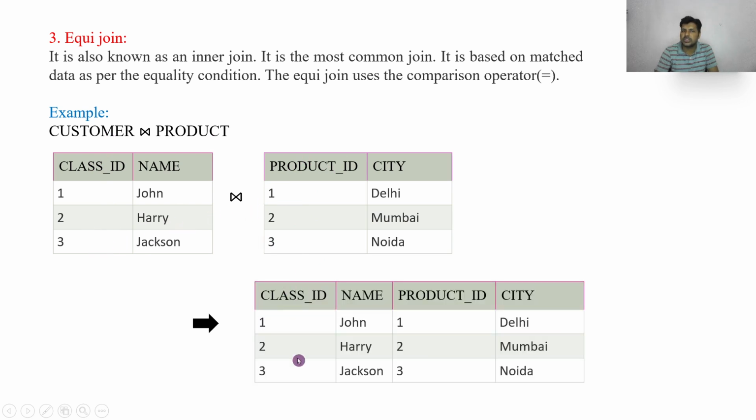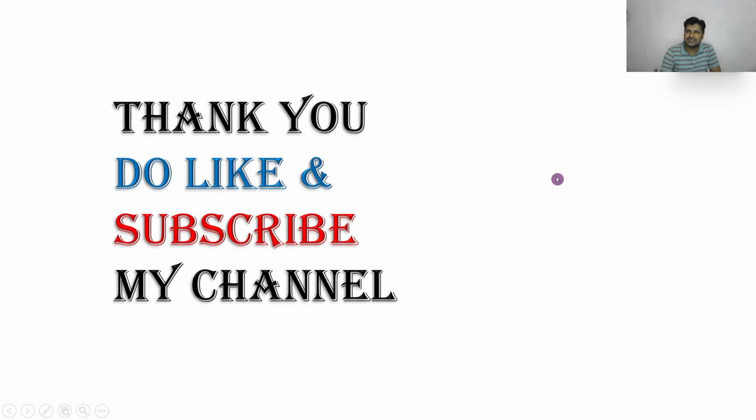Now how will it show? Class ID, name, product ID, city. In an equijoin you don't need the same column headings. If the values are matched it's okay, and it will represent both columns separately. Class ID is mentioned separately and product ID is again mentioned separately. So this is called an inner join. Nice, right?